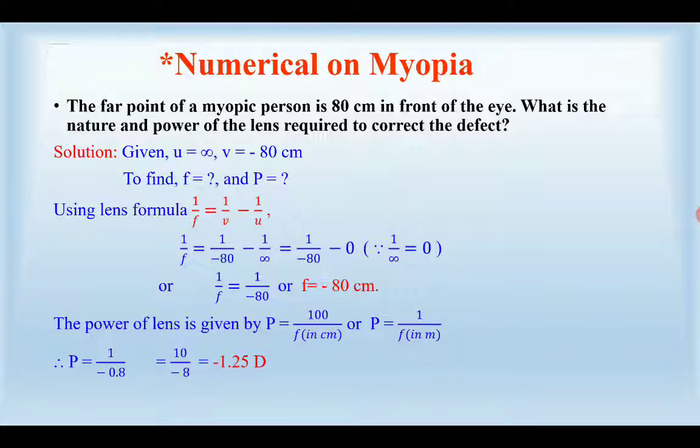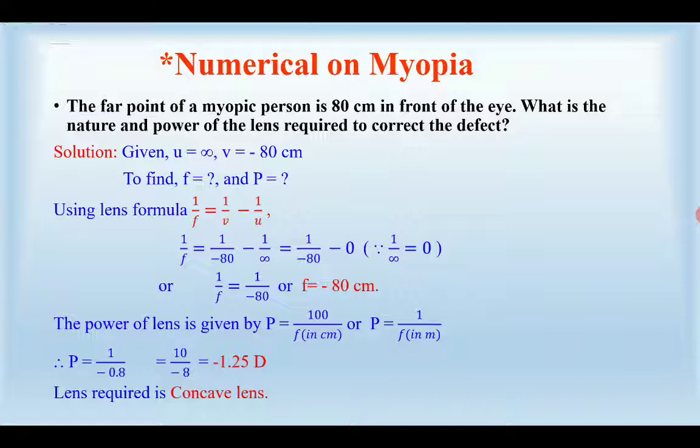Substituting the values, the power is 1 upon minus 0.8, and that comes out to be minus 1.25 diopter. So the lens required is a concave lens, as the power is negative, the focal length of the required lens is minus 80 centimeter, and the power is minus 1.25 diopter.